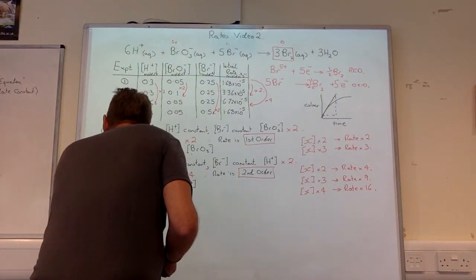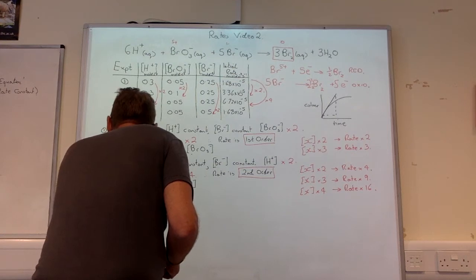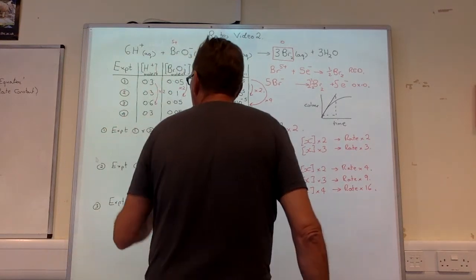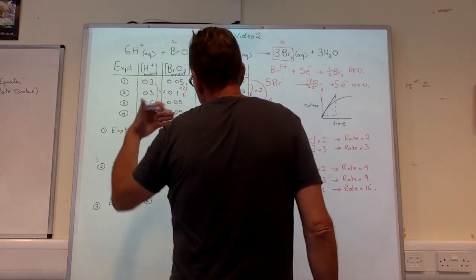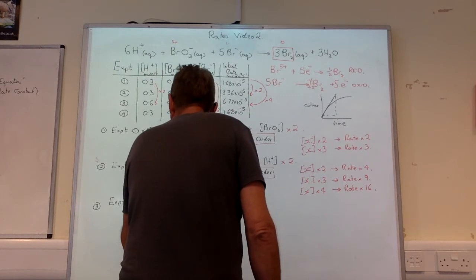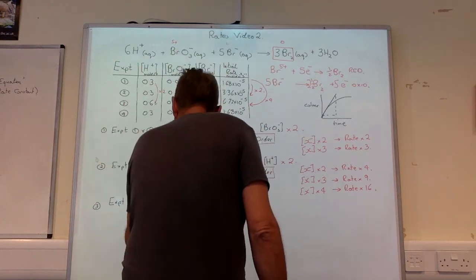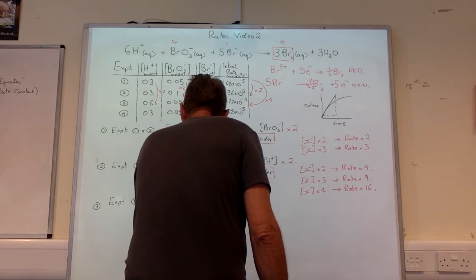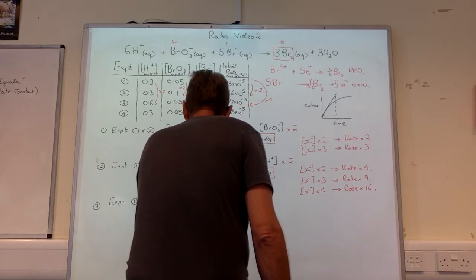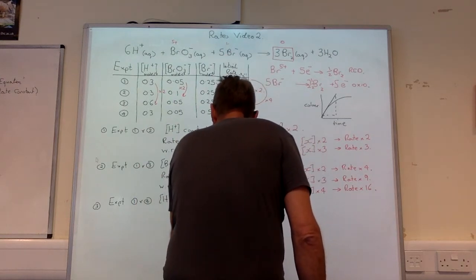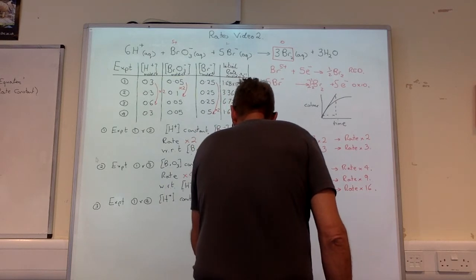So, this is what you write in the exam. Tell the examiner I'm comparing experiment 1 and experiment 4. Okay, and obviously I'm answering this in the exam way. I want to be thorough. So I'm saying H plus concentration unchanged, constant. I'm saying bromate concentration constant.